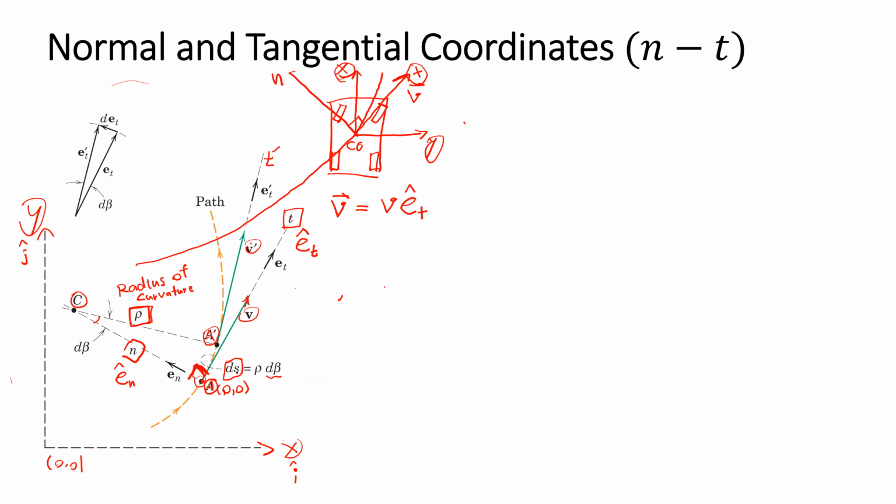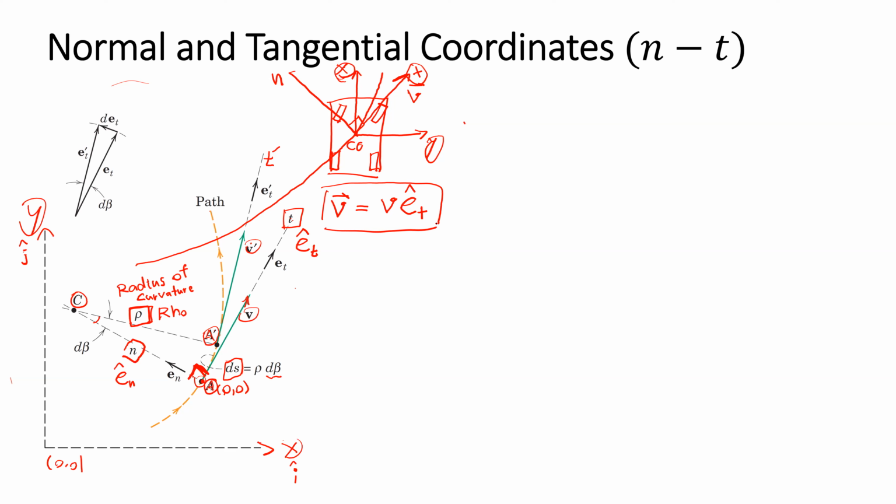In a very short period of time, the distance ds is equal to the radius rho multiplied by the very small angle, delta beta. The rho multiplied by the delta beta.